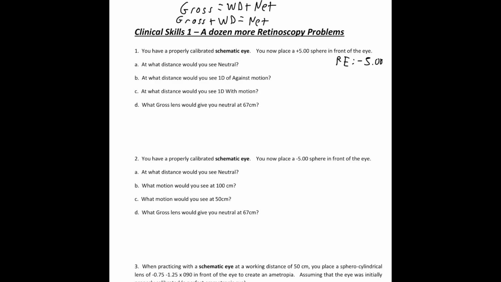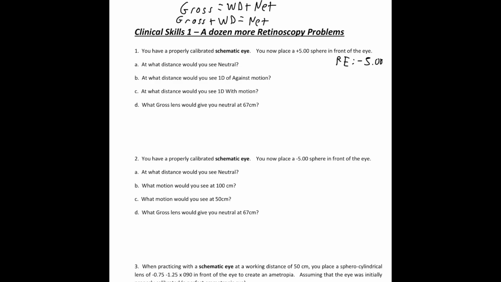The reason for that is that depending on what working distance you choose, after you're done with retinoscopy, you subtract that out of the phoropter, right? So if you are working at 50 centimeters, whenever you hit neutral, you then take your working distance out, which is -2 lenses added to whatever's in the phoropter.